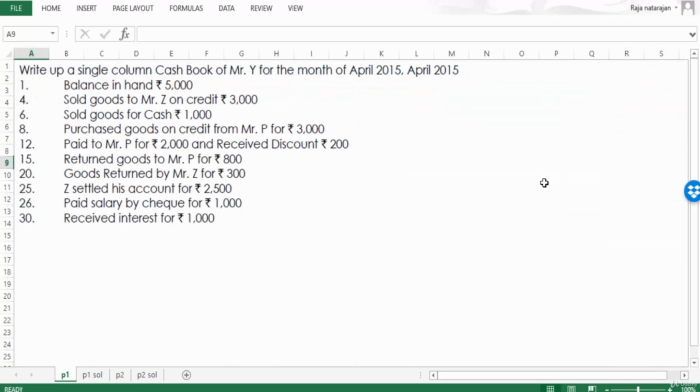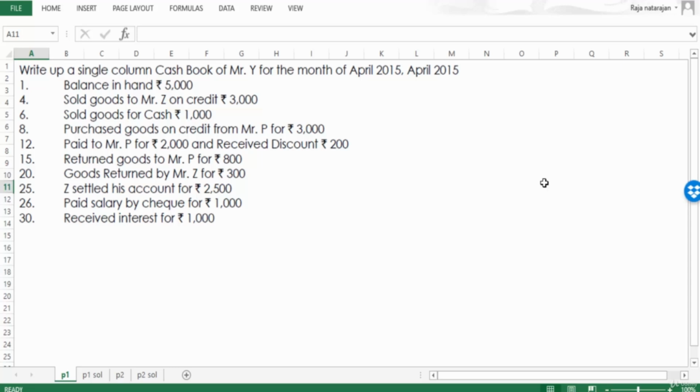Next, on 15th, goods returned to Mr. P for 800. There is no cash movement, so this will not find place. Then on 20th, goods returned by Mr. Z for 300. Again, there is no cash movement, this will not find place in cash book. On 25th, Z settled his account for rupees 2,500.